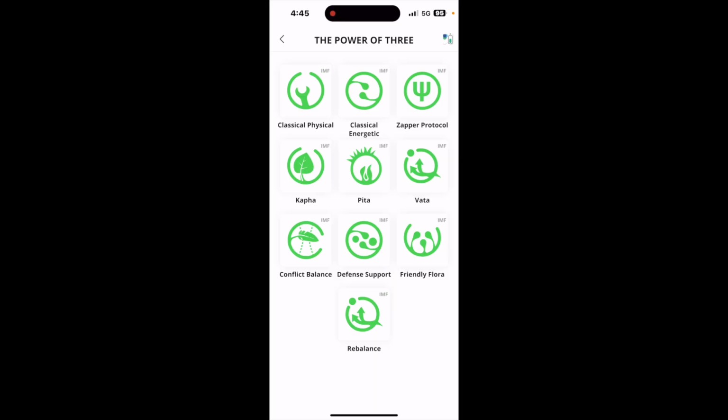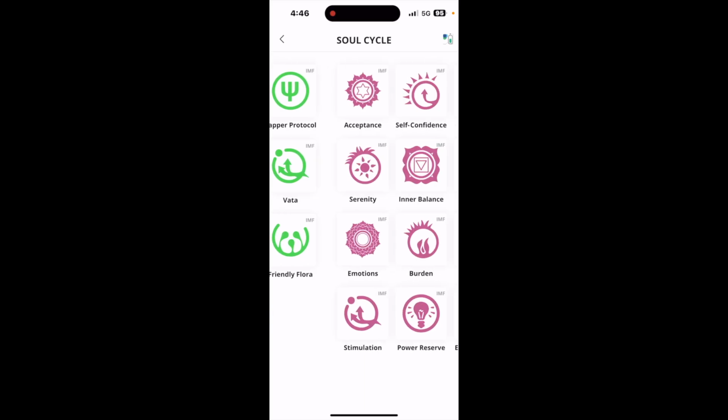Then friendly flora is also to help prevent the anxiety from escalating into a state of depression. You can also do rebalance. There is a protocol for rebalancing if the anxiety is triggered by a crisis. If there is a crisis in life, either your own financial crisis or emotional crisis, etc., you can follow the protocol and do the 3 weeks or the 9 weeks protocol for rebalancing after crisis.